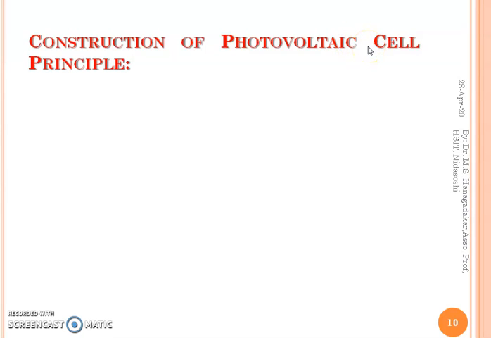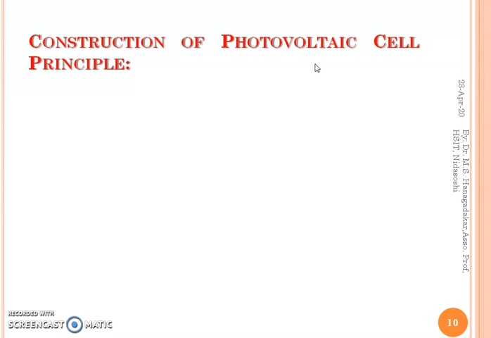As already defined, what do photovoltaic cells mean? Photovoltaic cells are semiconductor devices which convert solar energy into electrical energy. That is what we came to know in the first lecture. Or we can also define photovoltaic cells as p-n junction diodes which convert solar energy into electrical energy.